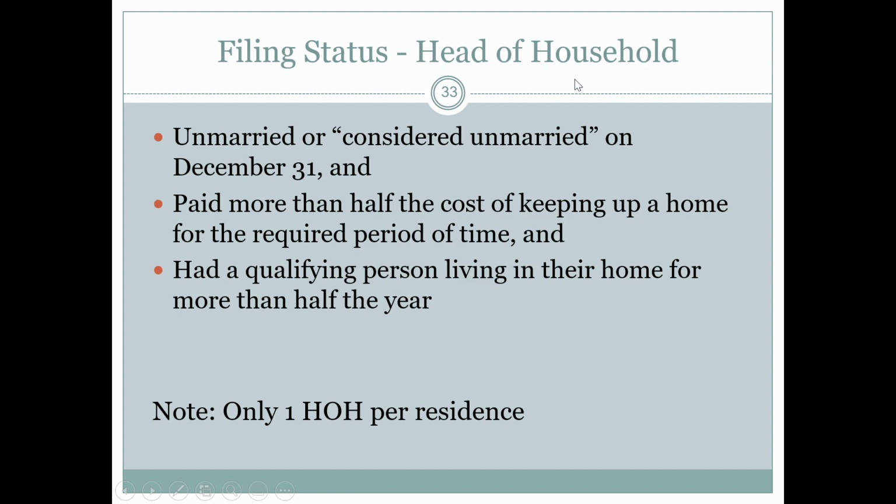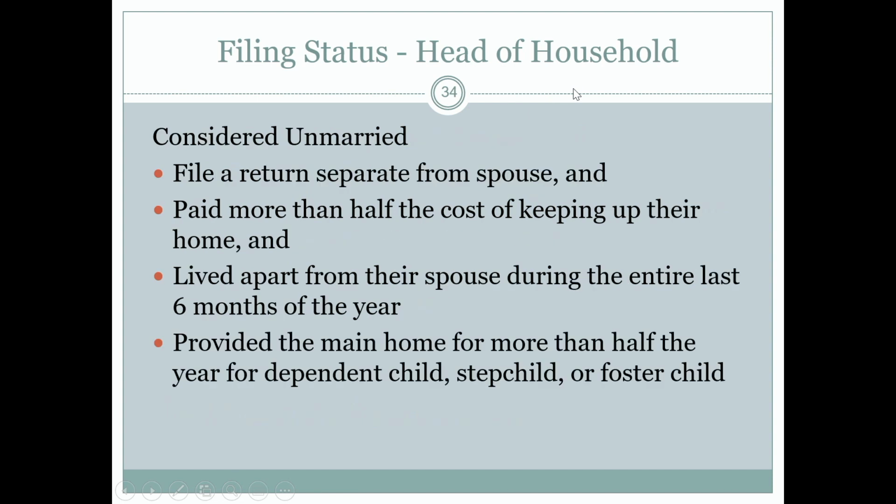The next topic is some additional things for the head of household. They are going to be filing a separate return from the spouse. They had to have paid more than half the cost of keeping up their home, and to be considered unmarried, even though they are still legally married, they had to have lived apart from their spouse during the entire last 6 months of the year.